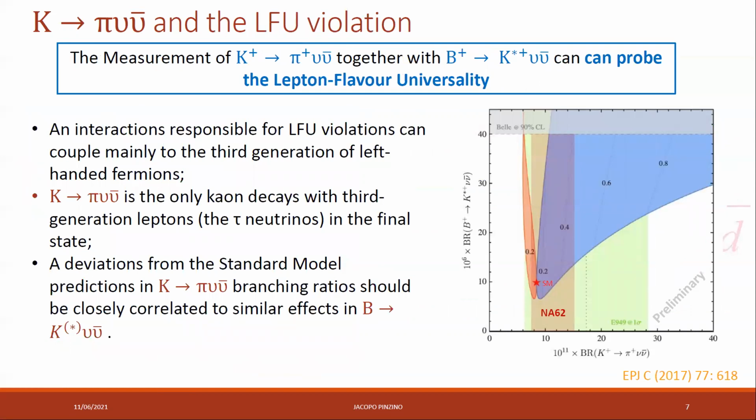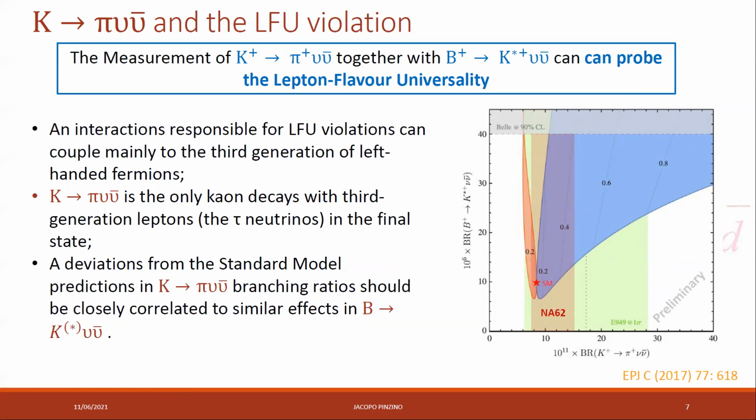The charged decay, K+ to pi+ neutrino antineutrino, together with B to K* neutrino antineutrino, can probe even lepton flavor universality. Indeed, an interaction responsible for lepton flavor universality violation can couple mainly with the third generation of left-handed fermions. The K+ to pi+ neutrino antineutrino is the only kaon decay with the third generation of lepton, the neutrino, in the final state.